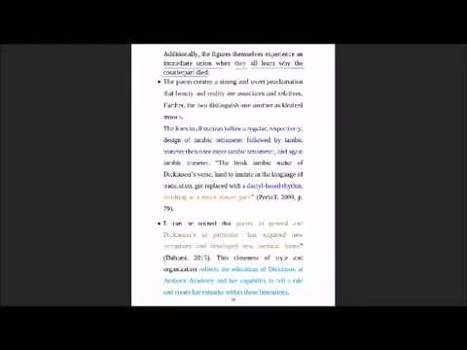The poem creates a strong and overt proclamation that beauty and reality are associates and relatives. Further, the two recognize one another as kindred moods. Correlation, intercorrelation.